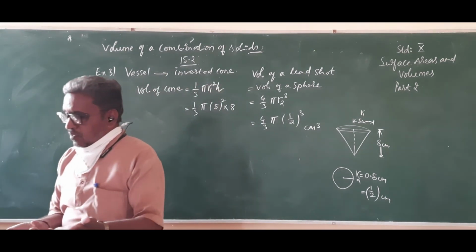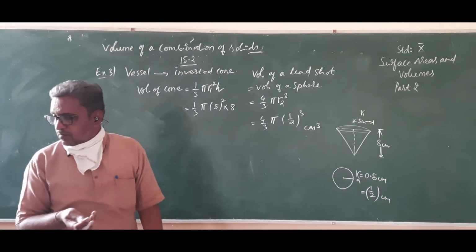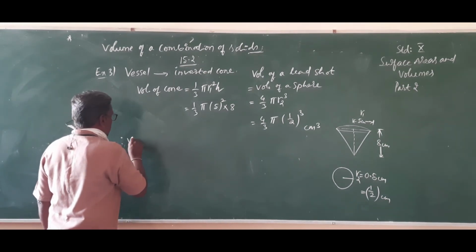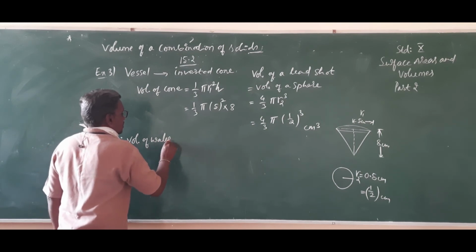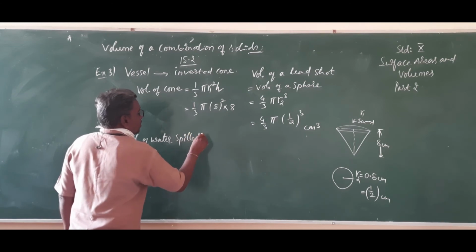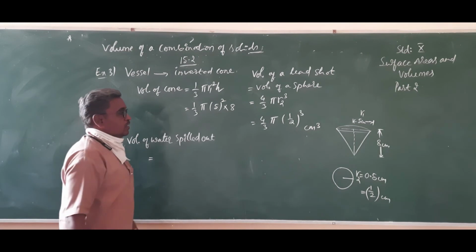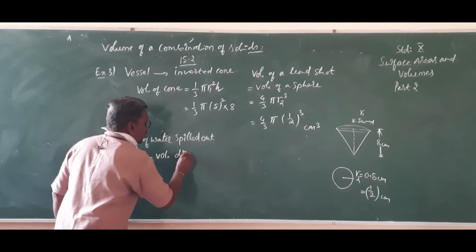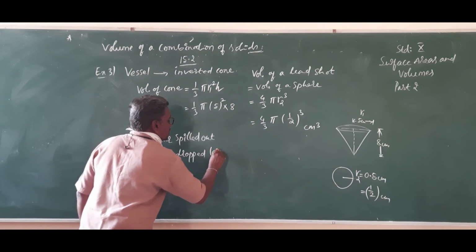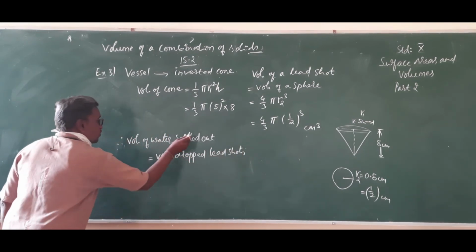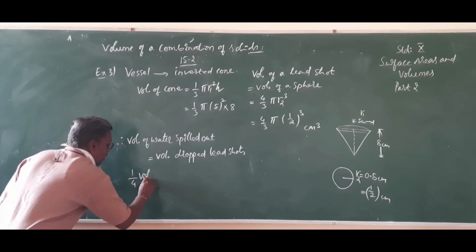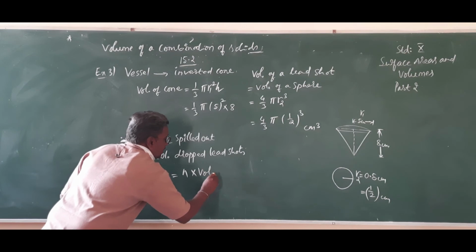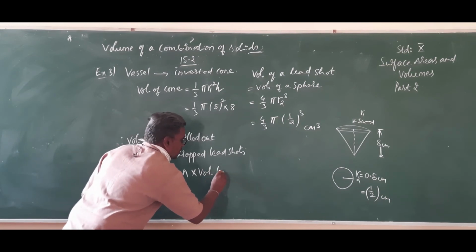Therefore the volume of water spilled out is equal to the volume of the dropped lead shots. That is 1/4 of the volume of the cone, which equals n times the volume of one lead shot.